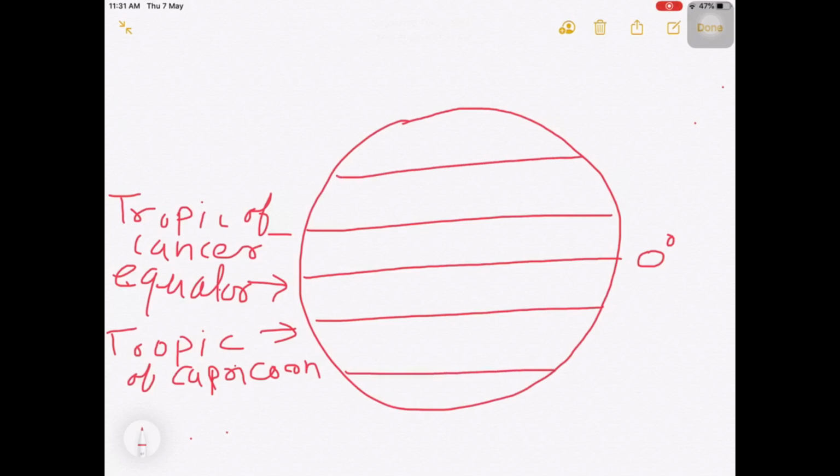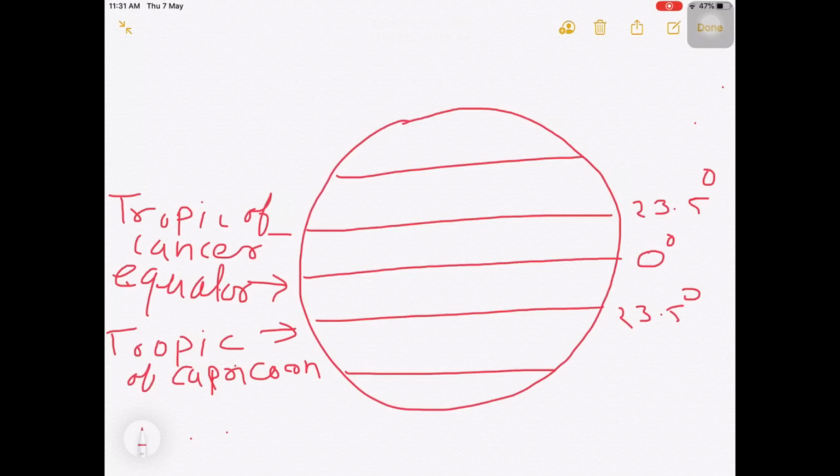So after this we need to draw two more lines, upside and bottom side. But before writing their names, as I told you, with the equator we wrote 0 degree. So with Tropic of Cancer and Tropic of Capricorn we will write 23 and a half degree. Here also I will write 23 and a half degree.